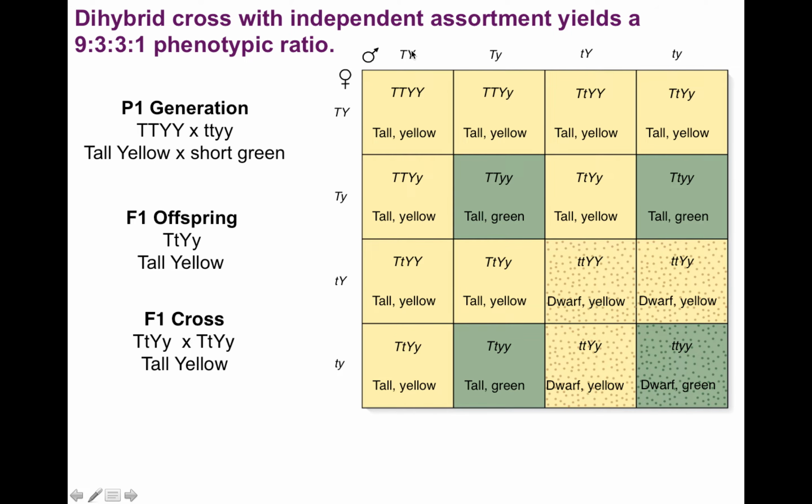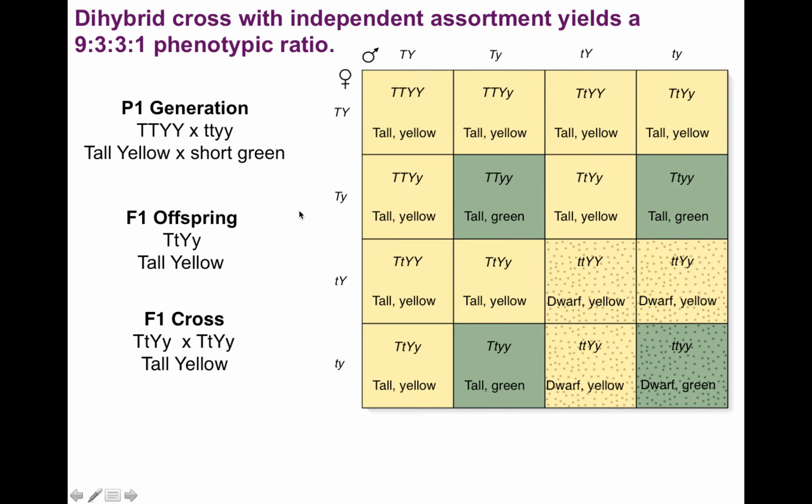Sperm and eggs are haploid, so they have only one allele for each of the two genetic loci that we're following. So we have a tall allele here and a yellow allele here in this sperm, and the same for this egg. And when we mix those two together, we end up with a diploid individual with two alleles for the tall gene and two alleles for the pea color.